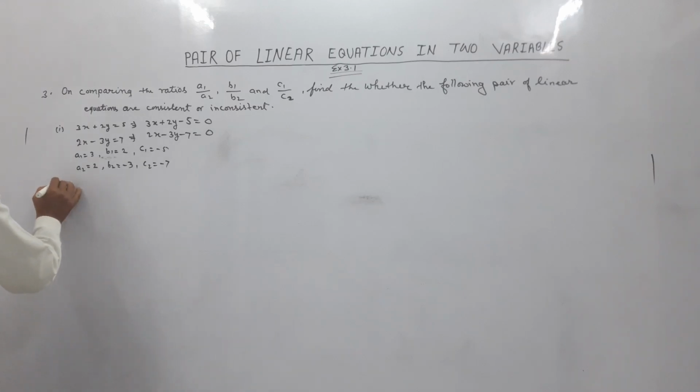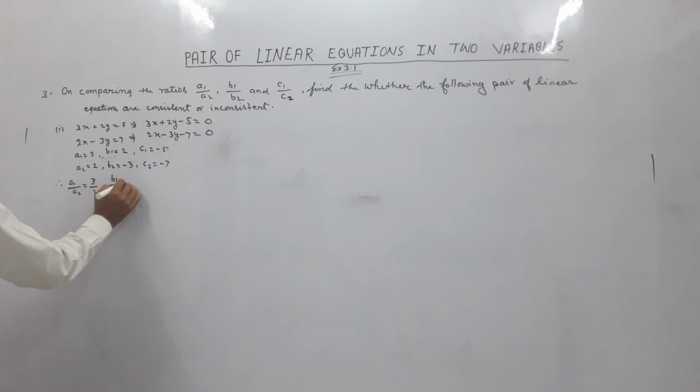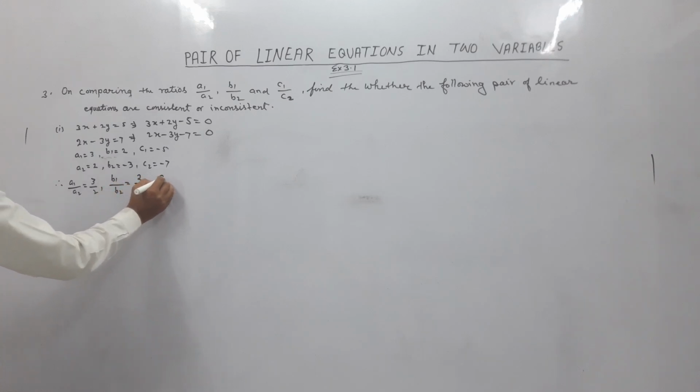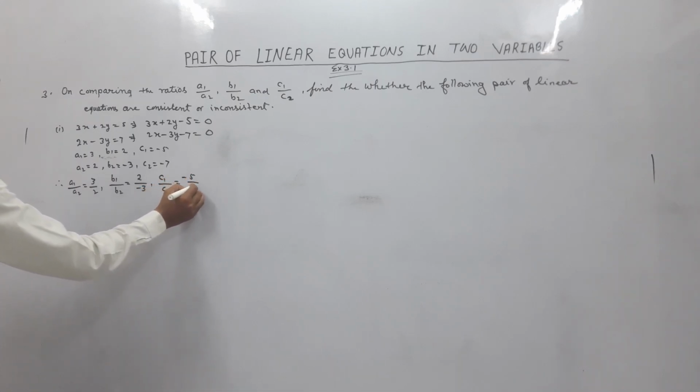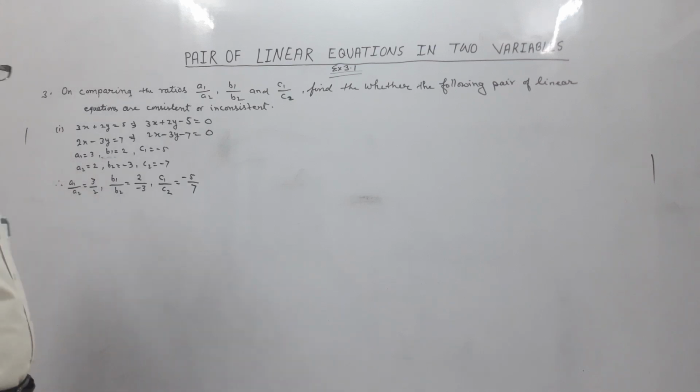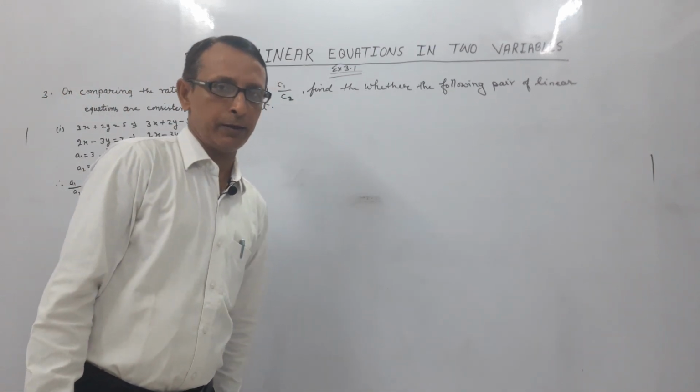So therefore A1 by A2 equal to 3 upon 2, B1 by B2 equal to 2 upon minus 3, C1 by C2 equal to minus 5 upon 7. All of you see carefully.